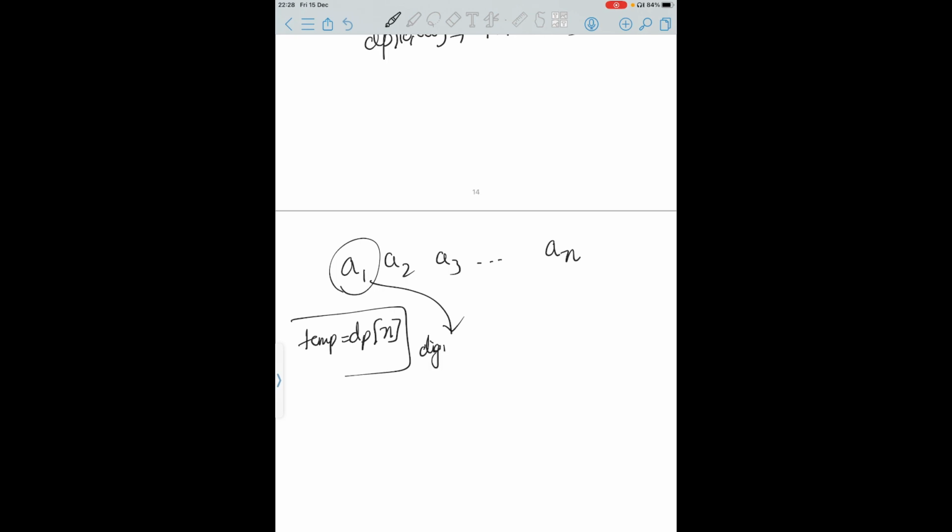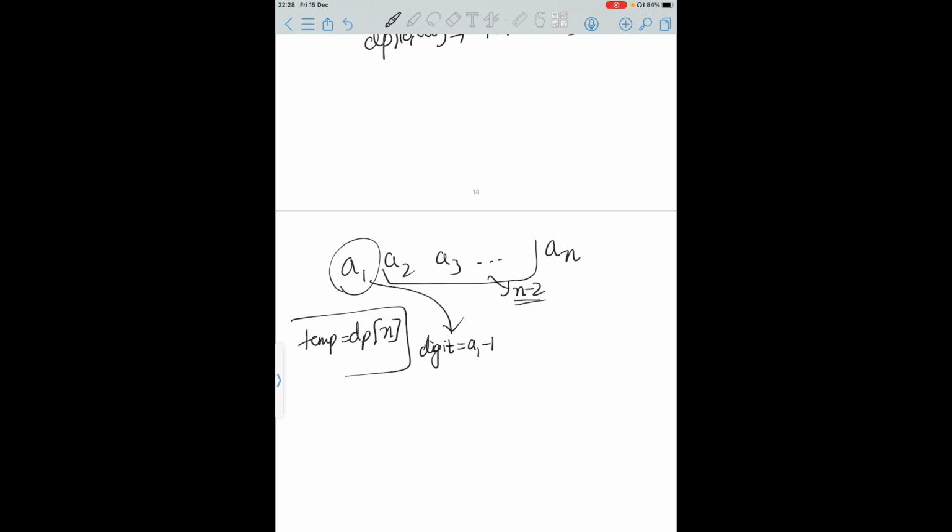Simply put, whatever the number looks like, you just take DP of n into a temporary variable, and as discussed earlier, look at the first digit and subtract that by 1 simply, and take it into a variable t equals a1 minus 1. You see the number of intermediate digits, which are n minus 2.